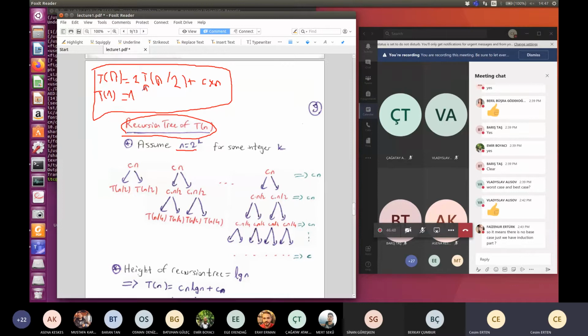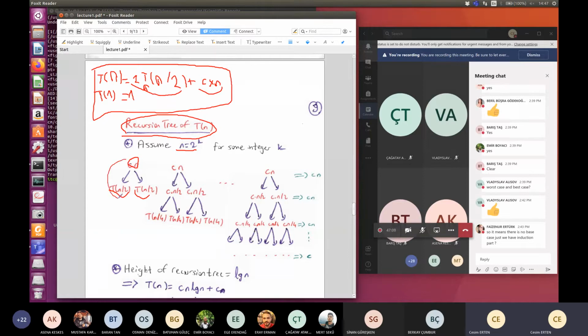So we first start out with our initial definition. T of n is equal to Cn, so Cn here, write it as a root, plus 2 T of n divided by 2. So in one branch, T of n divided by 2. In another branch, T of n divided by 2.